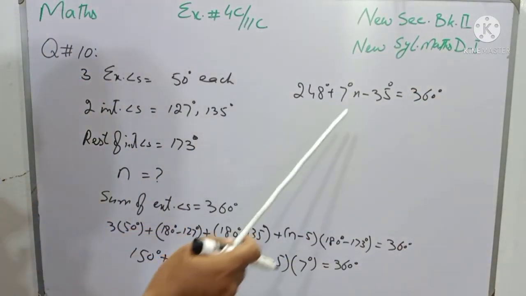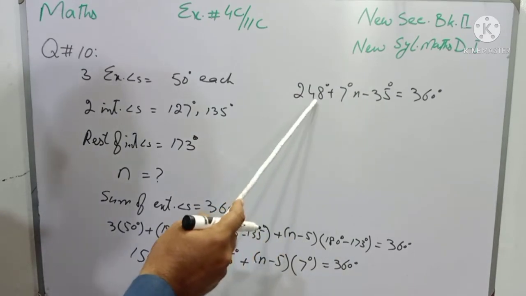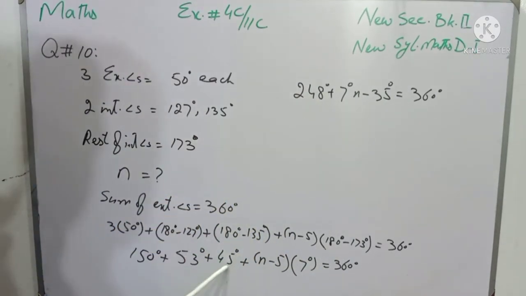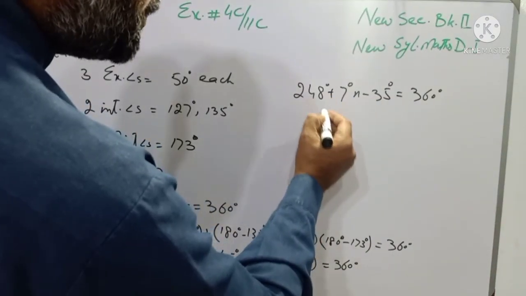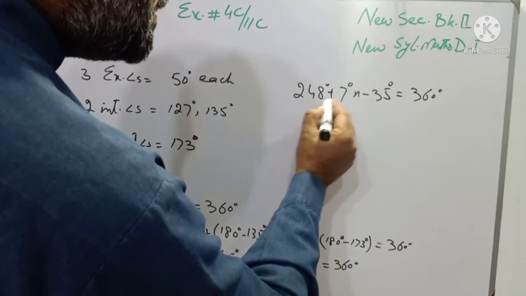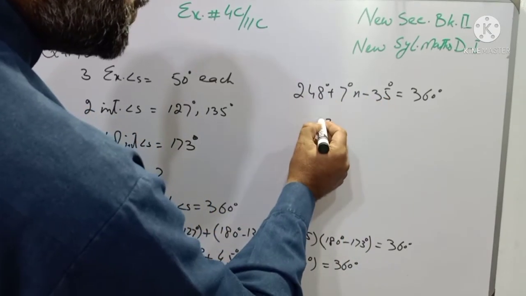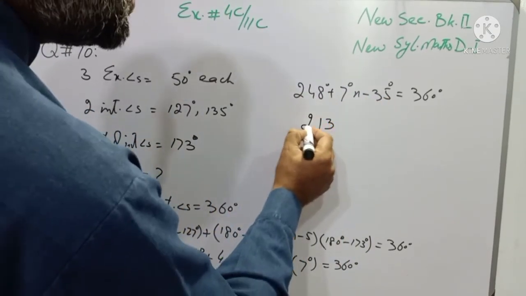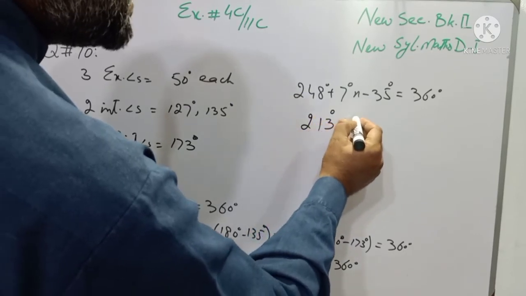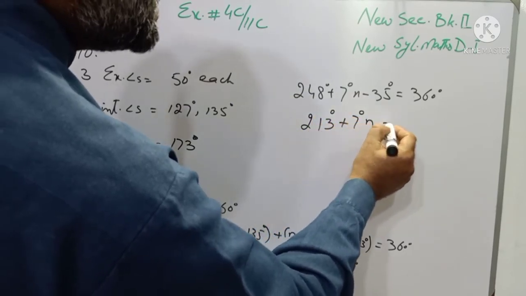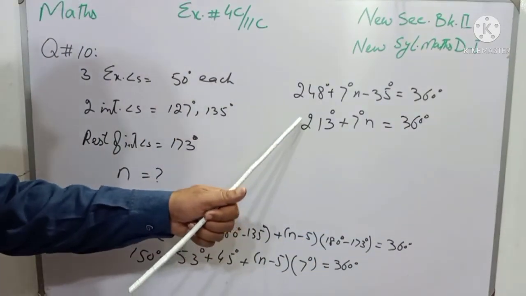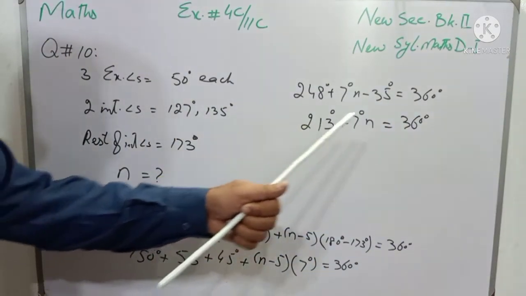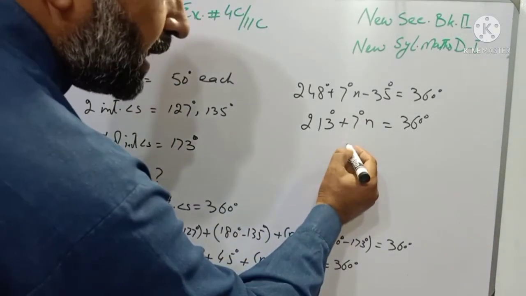Students, when we subtract 35 from 248, we have 213 degrees plus 7 degrees n is equal to 360 degrees. 213 is plus on the left side; when we transfer it to the other side, it becomes minus.